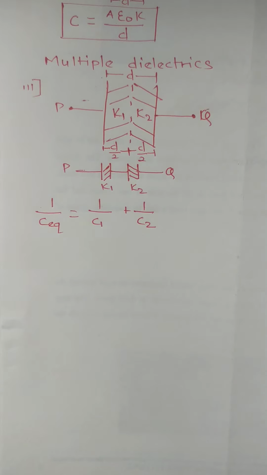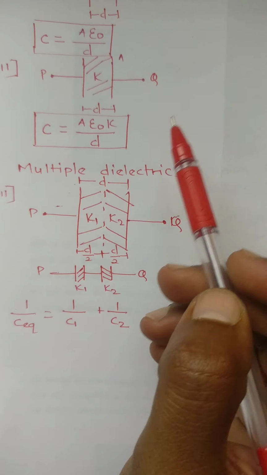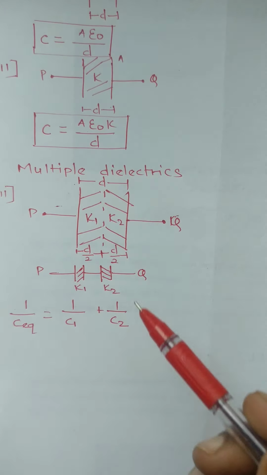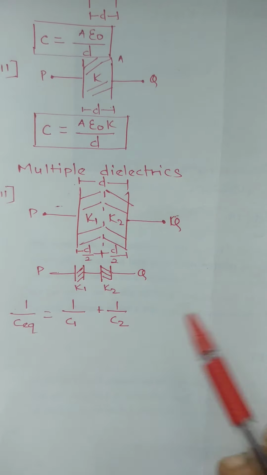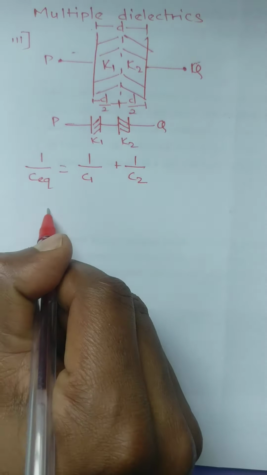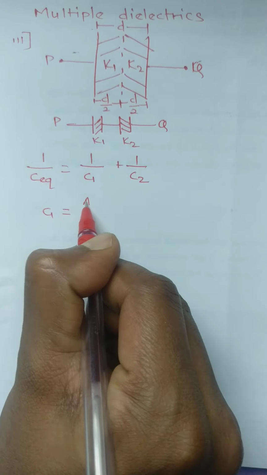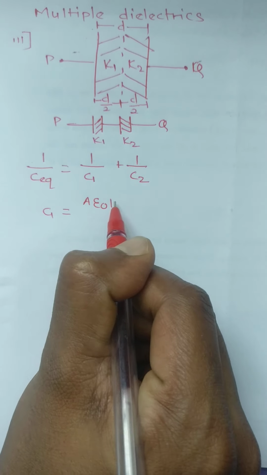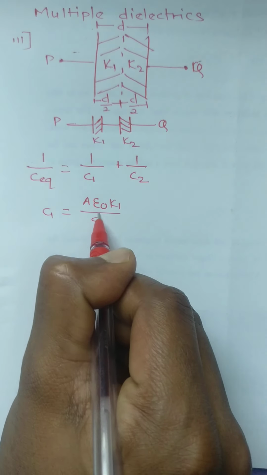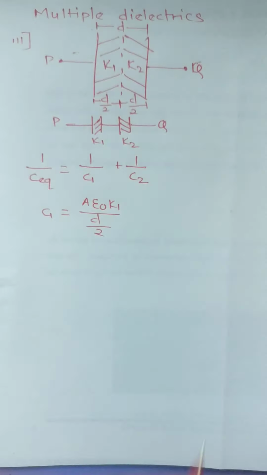To find this, we must know the values of C1 and C2. C1 will be A epsilon naught K1 by D by 2, because the concerned distance is D by 2.